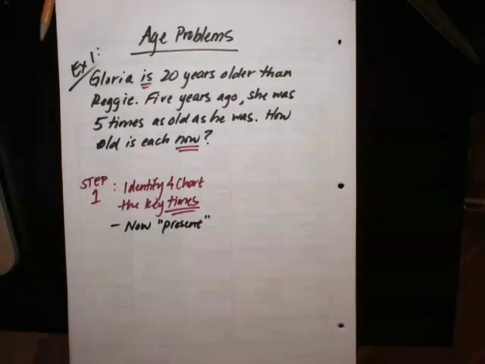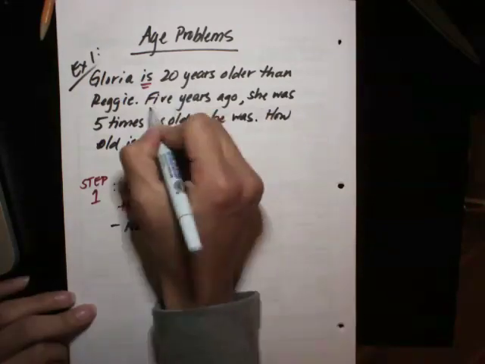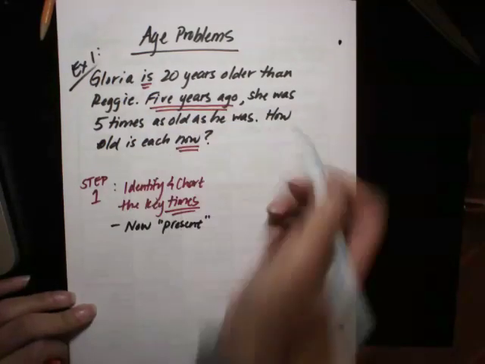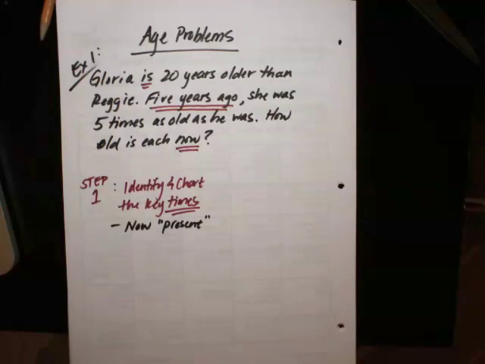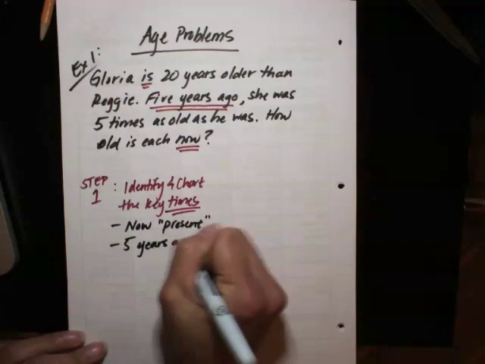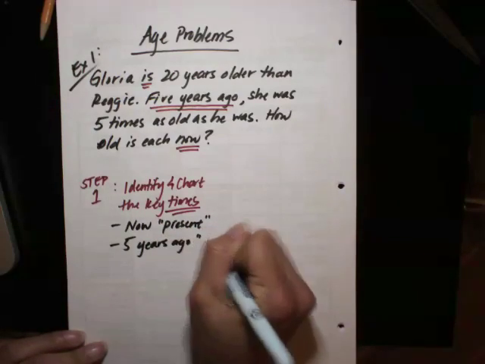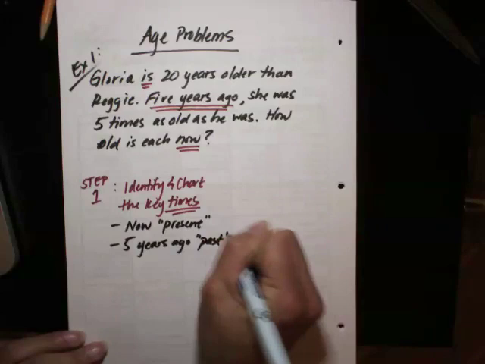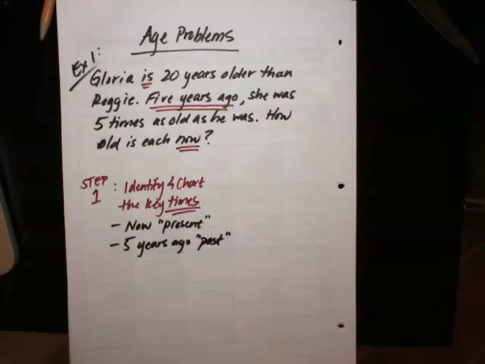Another thing that we notice is it says 5 years ago. 5 years ago is in the past. So these are our two main time periods that we're talking about.